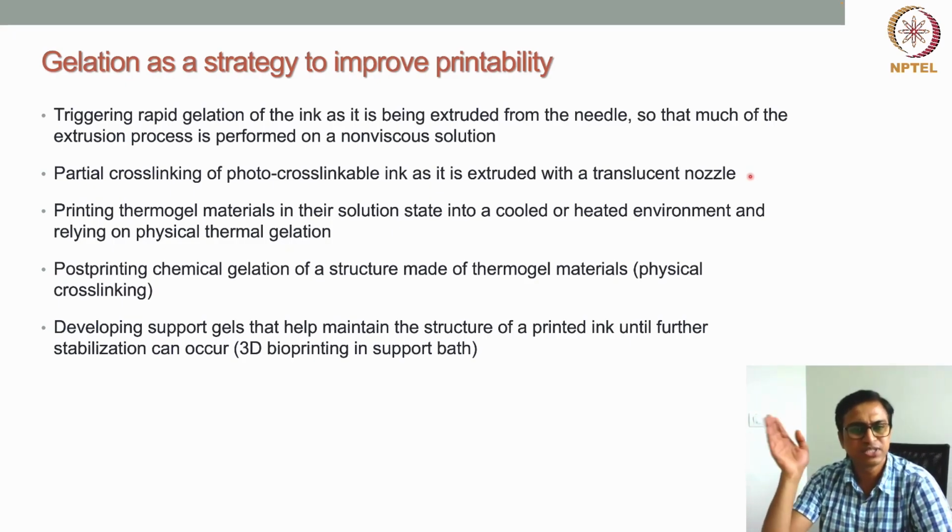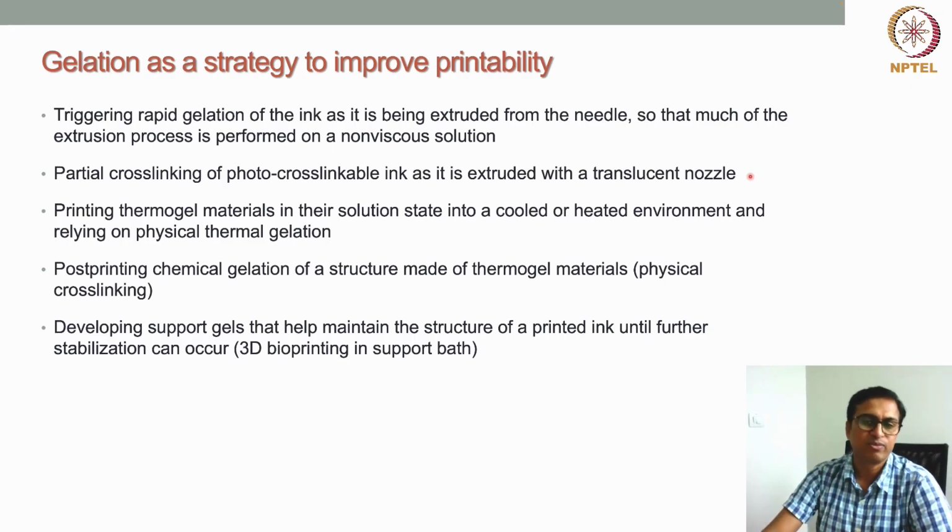There are some examples in the literature where people have tried this approach, extruding photopolymers through a translucent nozzle. As the nozzle is translucent, the light can pass through it and the crosslinking process can be initiated when the material is within the nozzle. So this is another way by which the printability can be improved.